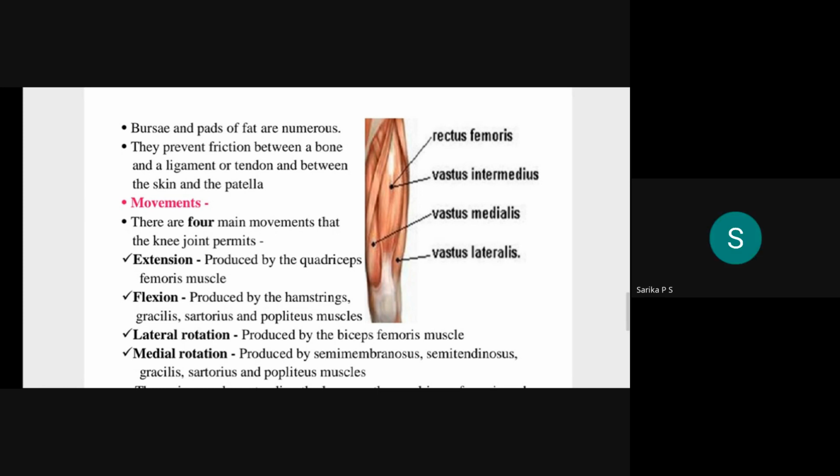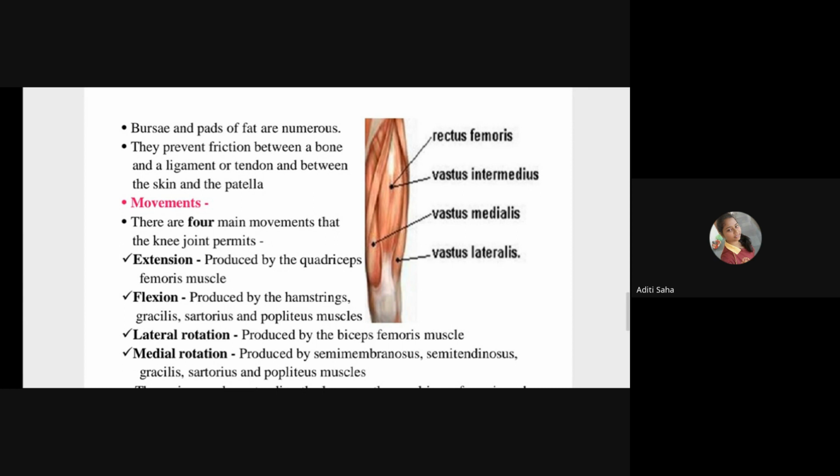Yes, when the angle between the joint is increasing, then it is extension. If we are straightening our leg or our hand, then the angle at the knee joint or elbow joint is increasing. That is extension. And if we are folding our hand or our leg at the elbow joint or knee joint, then the angle is decreasing, that is flexion.